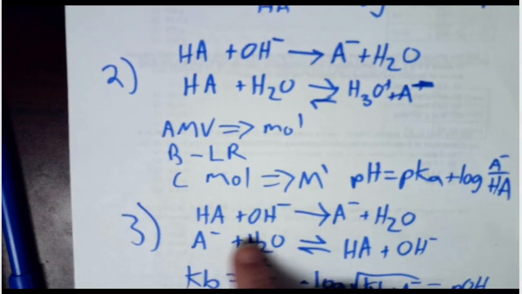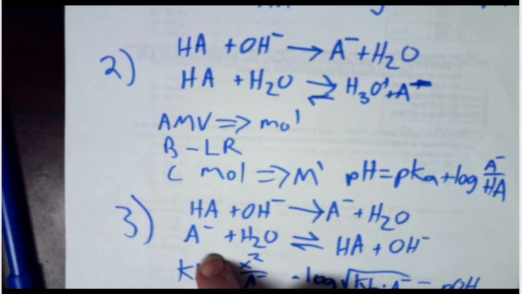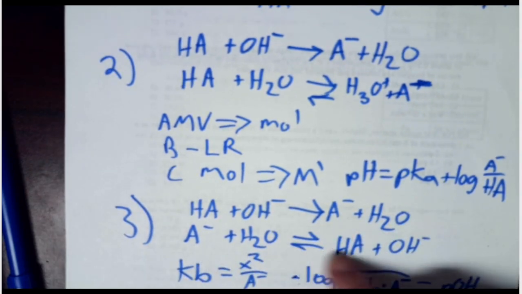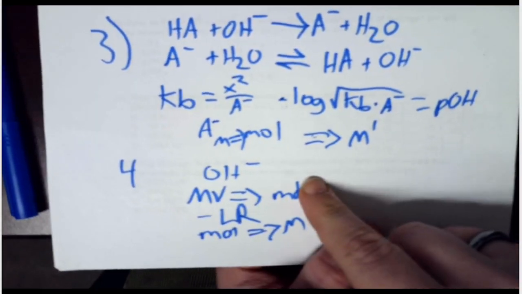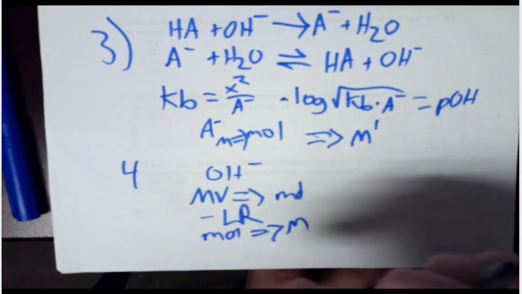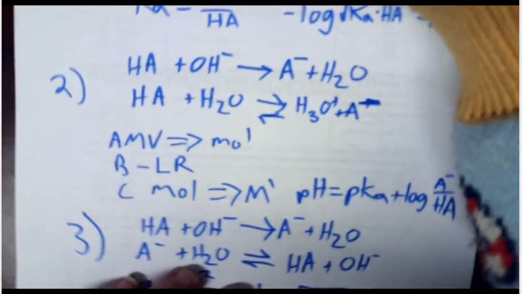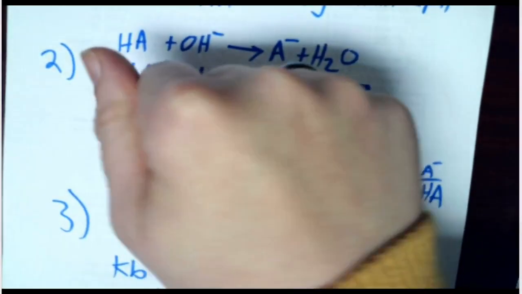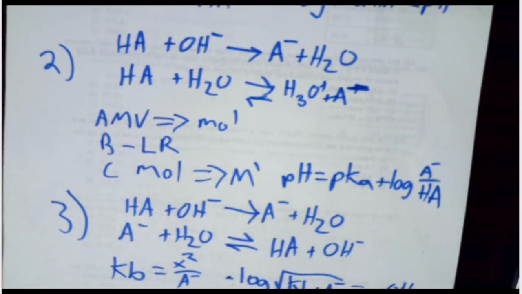Situation 3, we neutralize all of the weak acid, and now we have a weak base, and have to deal with that. And then situation 4, we just have a strong base. So we have to deal with that. Weak acid, buffer, weak base, strong base. And so we have to write our own situations.